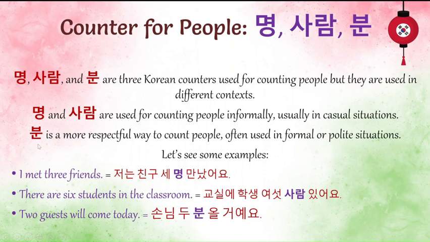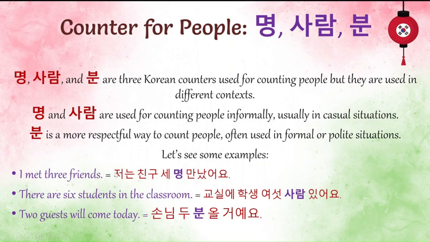And 분, it is a more respectful way to count people, and therefore it is often used in formal or polite situations. Okay, when you are referring to someone who is very respectful for you, a very respected person, then you are going to use the counter 분. Okay, so these are the 3 counters that we use for counting people.